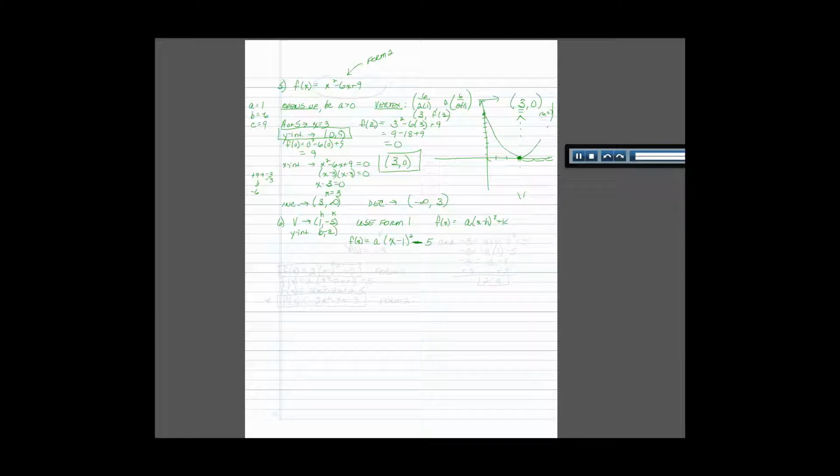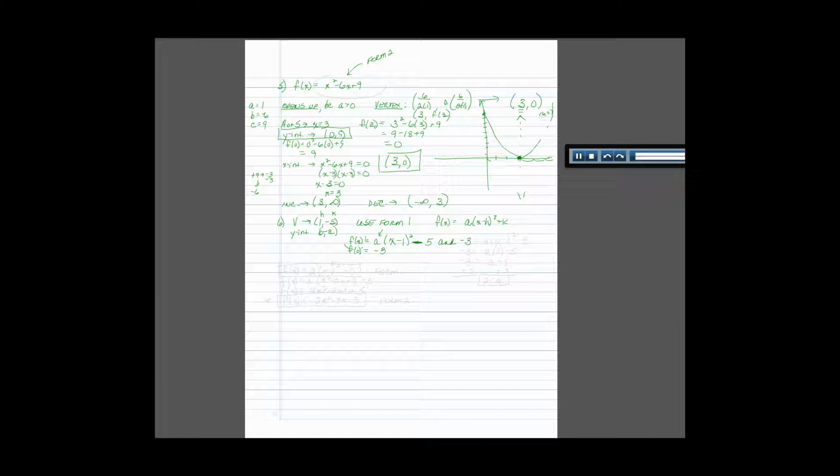All right, and what's the other piece of information that's going to help us with this? Well, we know that f of 0 is equal to negative 3. What does that mean? It means that when x is 0, y is negative 3.